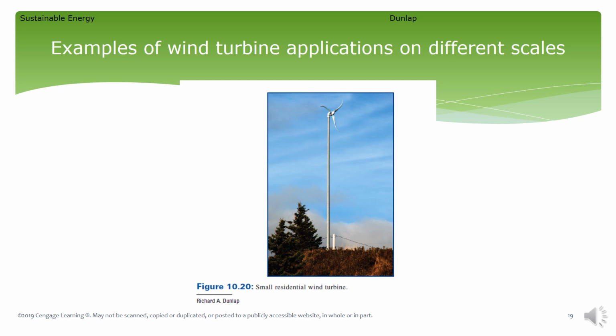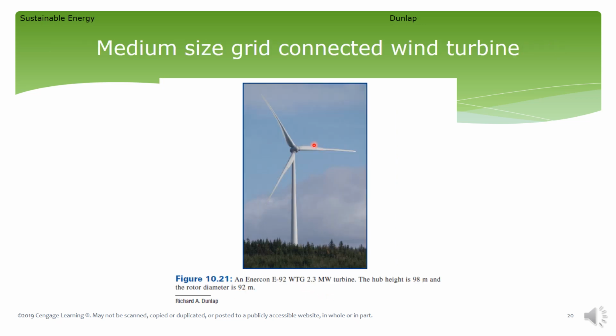Examples of wind turbine application on different scales. This one is a small residential wind turbine. This figure shows a medium-size grid-connected wind turbine, and the previous one is used for the house, and it does not need to be connected to the grid.